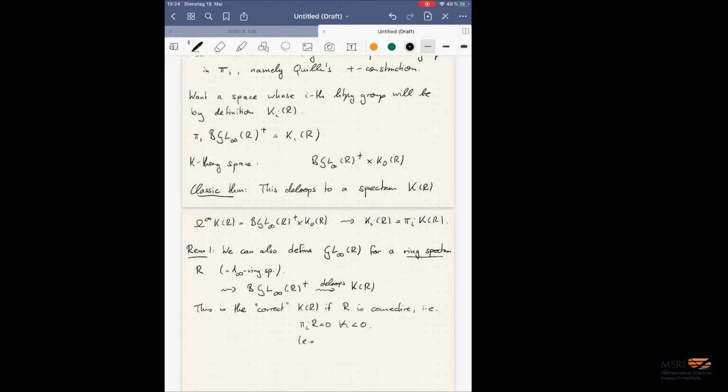So for example you could take R to be the sphere spectrum or an Eilenberg-MacLane spectrum and so on, but not, say, complex K-theory. This would not be possible.